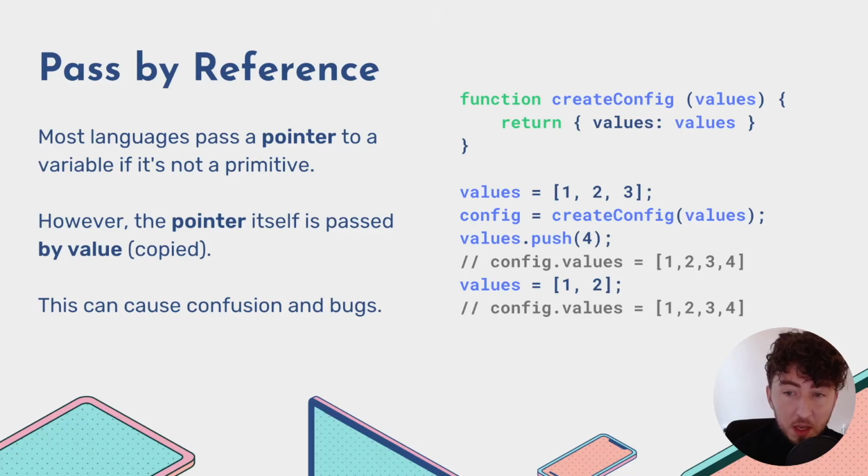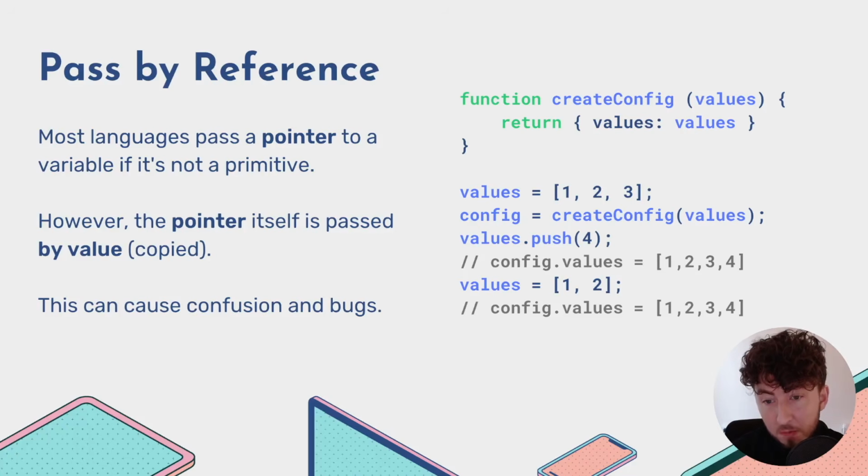So you can see on the right-hand side, we have this generic create config function. All it does is take an array of values and returns you an object which has those values attached, right? So we create our values array with 1, 2, and 3. We create a config using those values, and then we call push on the values, and we push the number 4 into the end of the array, right?